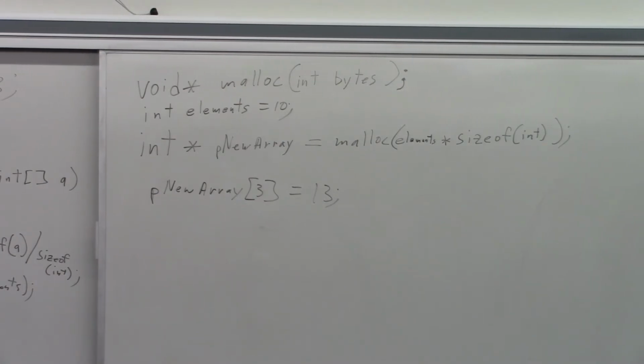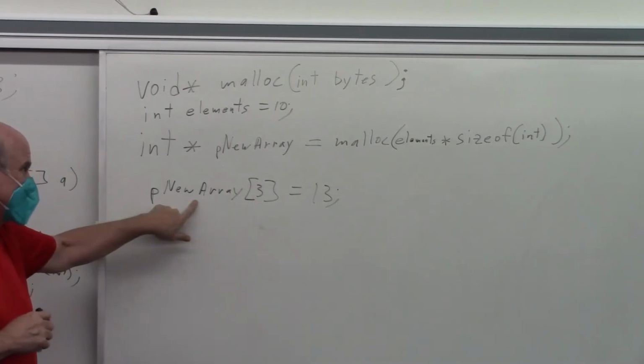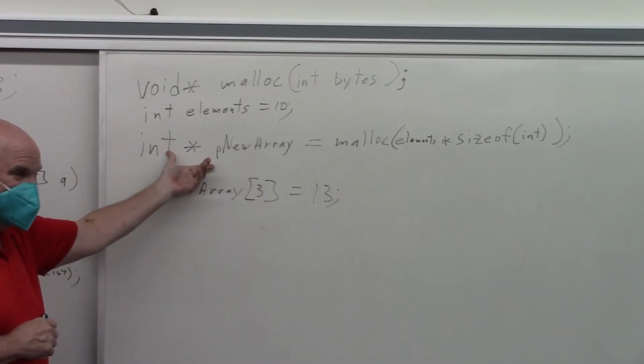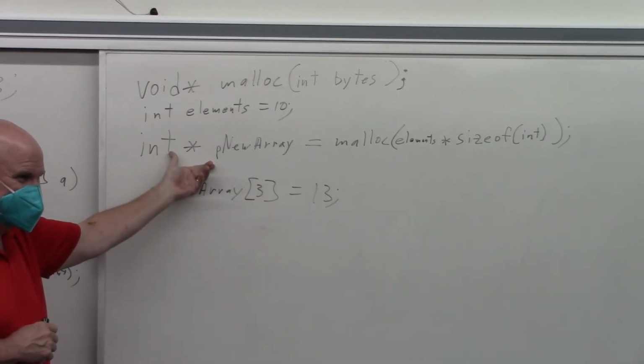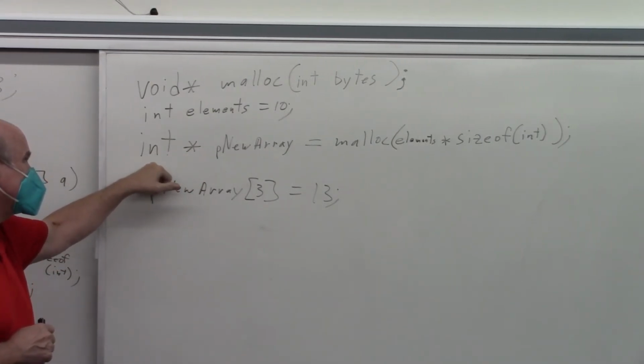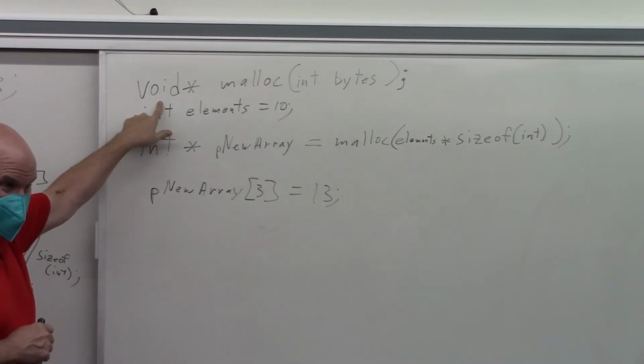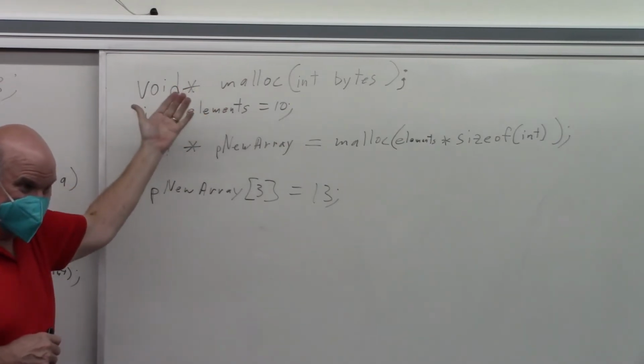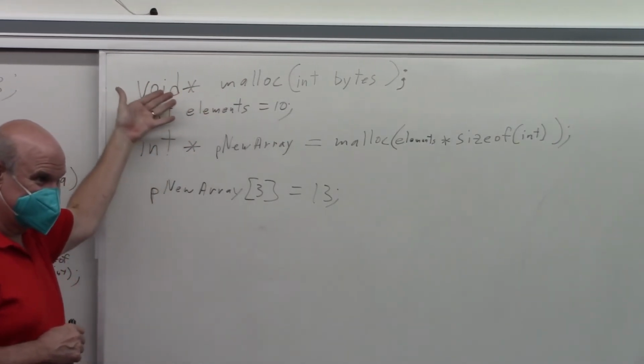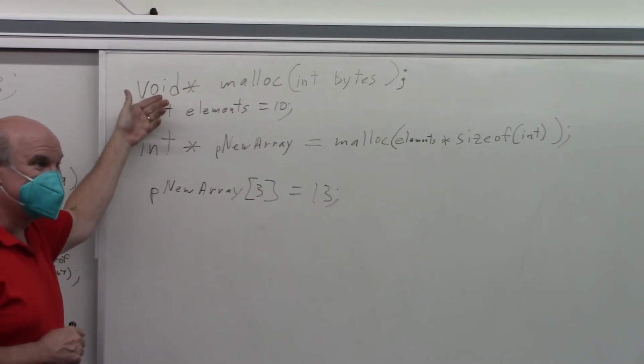Make sense? Can you explain again the array? Okay. If I have declared a pointer, the pointer will have a type. The reason malloc returns void star is so that it can be general, so malloc can work on any type, because this is just returning a pointer. It's returning a memory address.